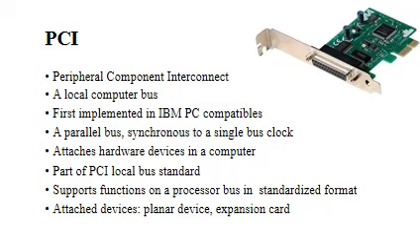It has subsequently been adopted for other computer types. Typical PCI cards used in computers include network cards, sound cards, modems, extra ports such as USB or serial, TV tuner cards, and disk controllers.